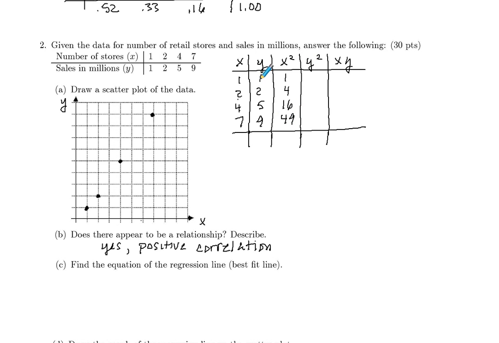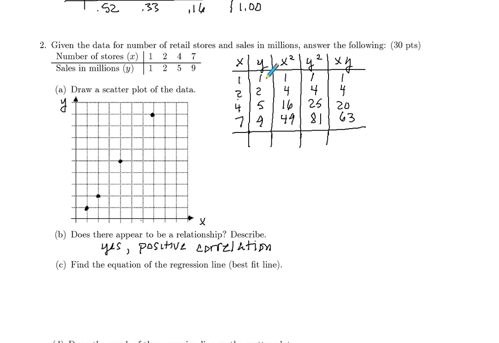Y squared, so 1 squared is 1, 2 squared is 4, 5 squared is 25, and 9 squared is 81. And then x times y, multiply these columns. 1 times 1 is 1, 2 times 2 is 4, 4 times 5 is 20, and 7 times 9 is 63.